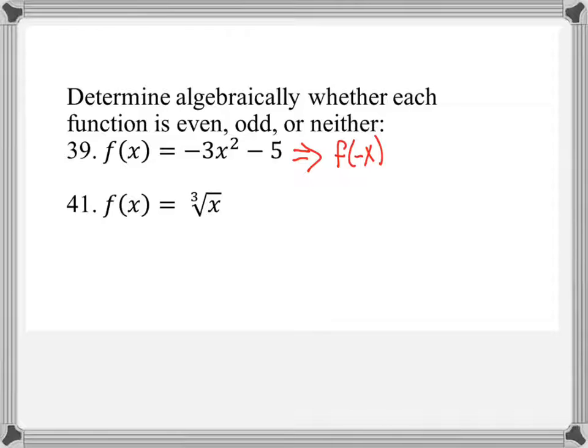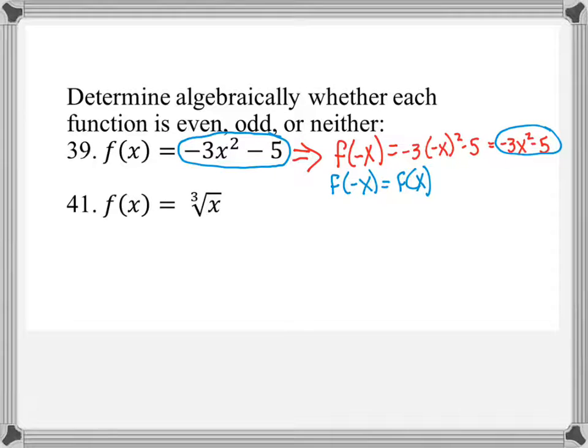So f of negative x for this first function is -3 times (-x) squared minus 5. Simplifying, that is -3x squared minus 5. And that happens to be identical to our original function. So because f of negative x equals f of x, this function is even.